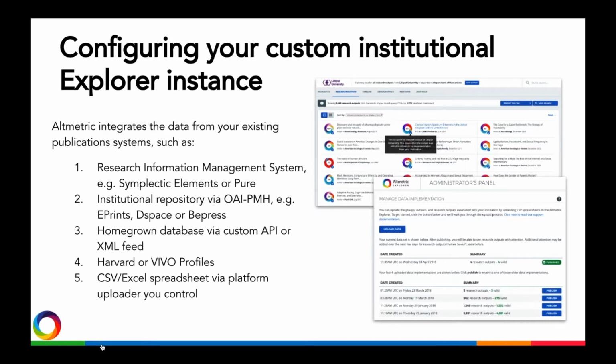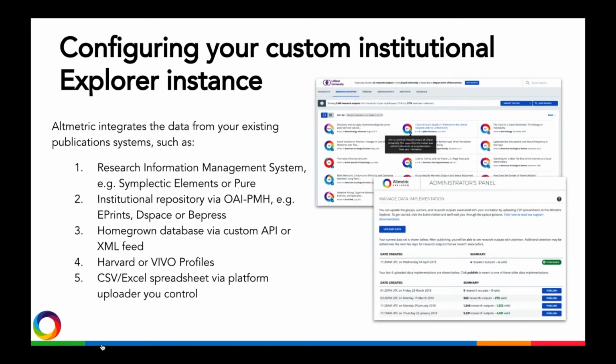We can connect to your institutional repository. Some customers have a homegrown database or a custom API or XML feed that we connect to. We can also work with Harvard or Vivo profiles, and Commonwealth Fund is an example of a client where we are actually tracking their URLs. These are not publications in scholarly journals mostly.